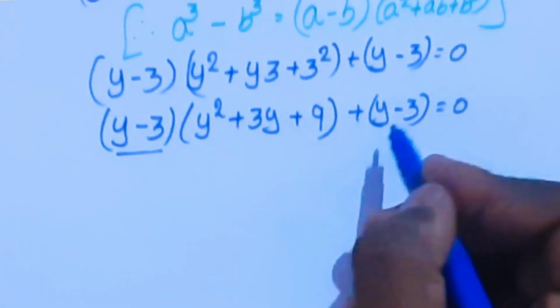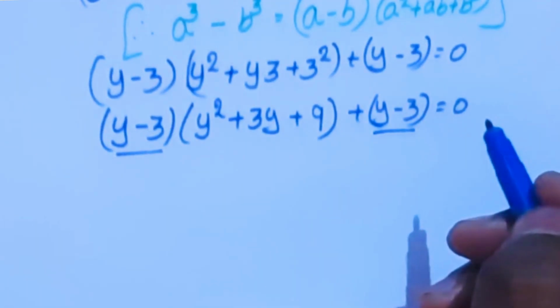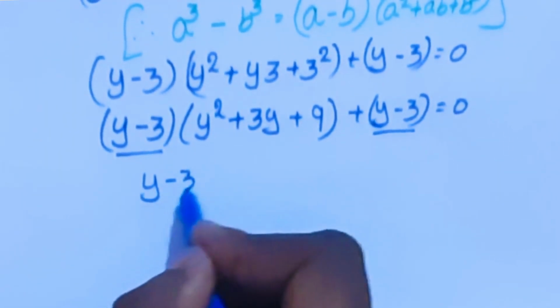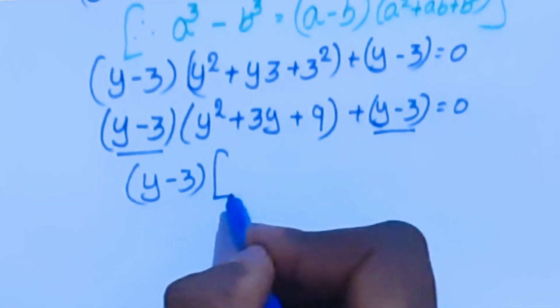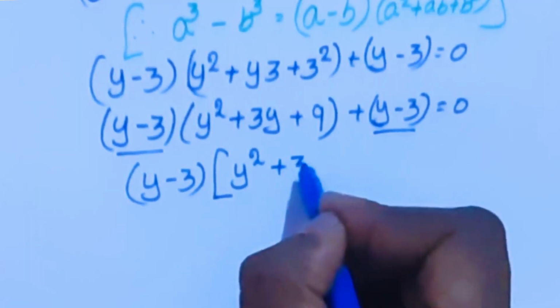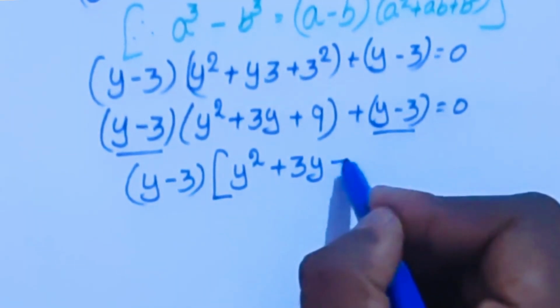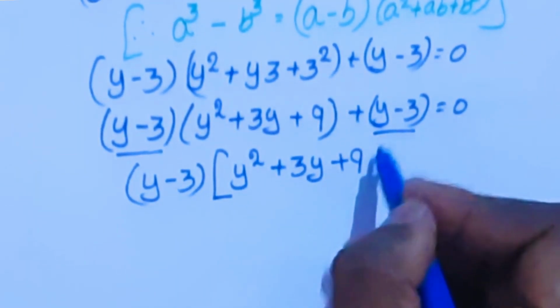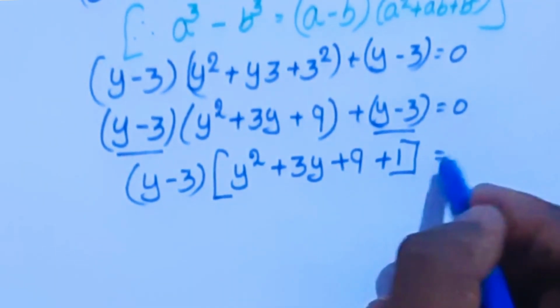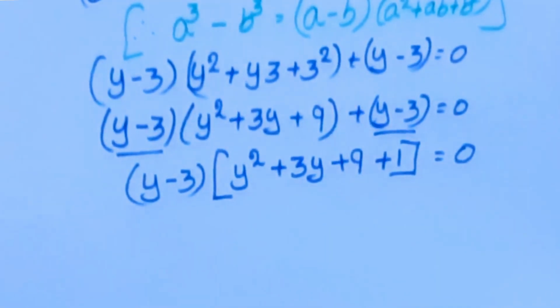Now this y minus 3, this y minus 3 common we are going to take. So (y minus 3)(y square plus 3y plus 9, here it is plus 1) equal to 0.